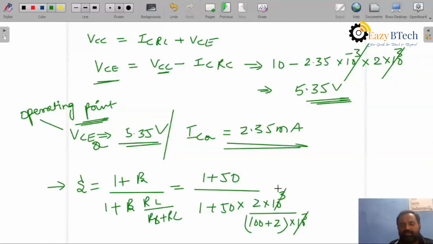Okay, with all these values, you will get the stability factor value as 25.75. Okay, 25.75. That is the stability factor for the circuit.